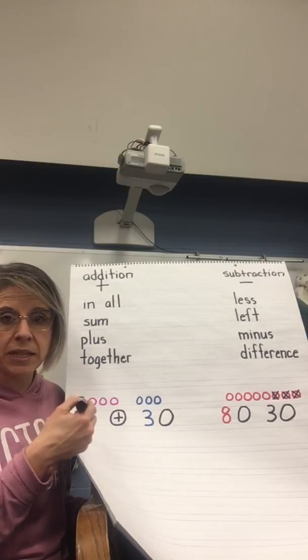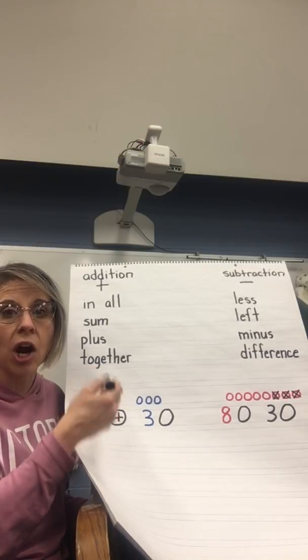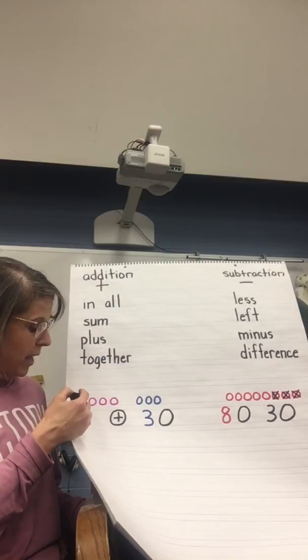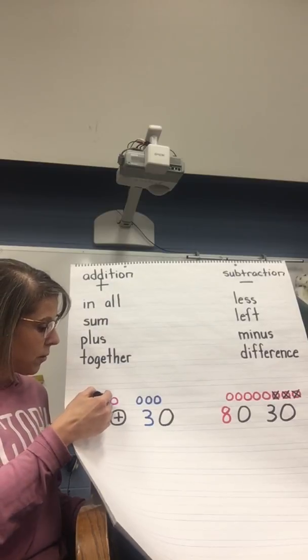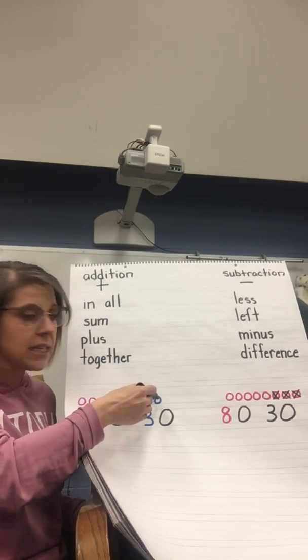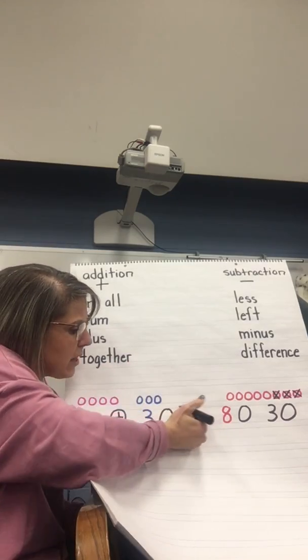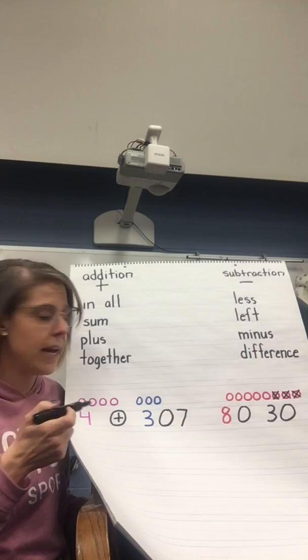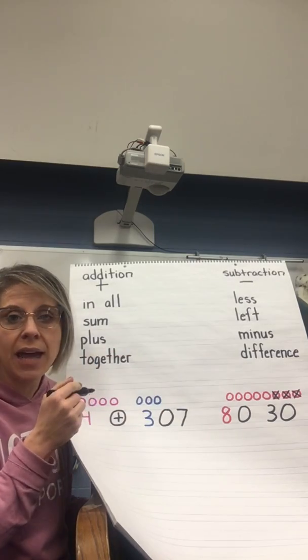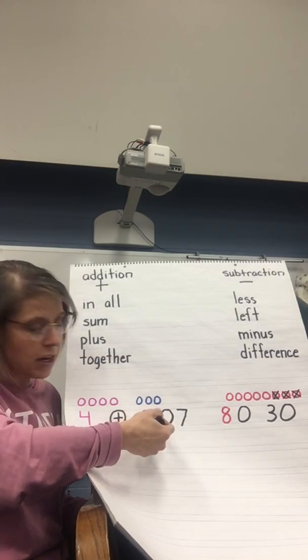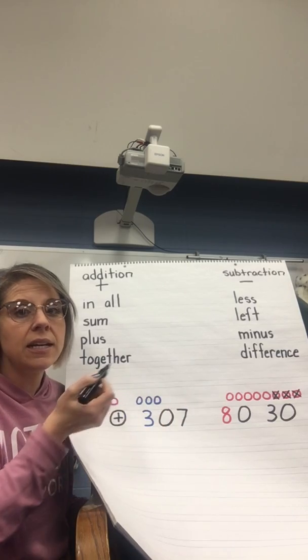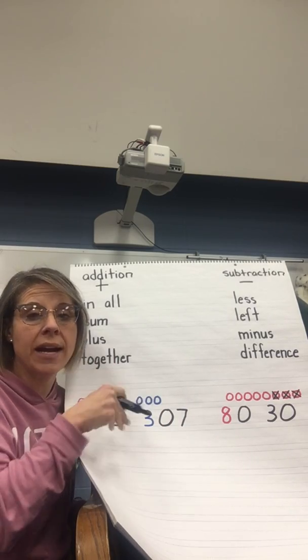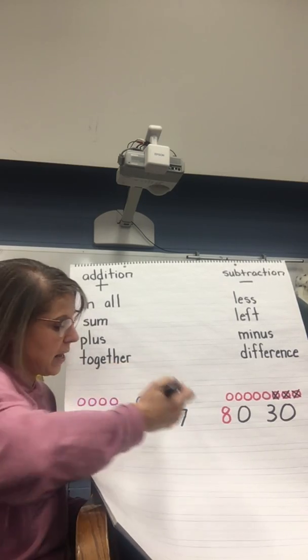Now if that means to put them together, we have to count how many there are in all. So if we count them, we have 1, 2, 3, 4, 5, 6, 7. So 7 is going to go over here. There's another sign or symbol that we put after this in our number sentence to show that we are writing the total, and that's our equal sign.